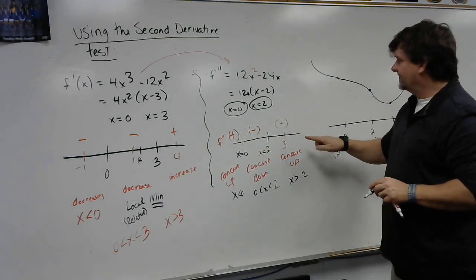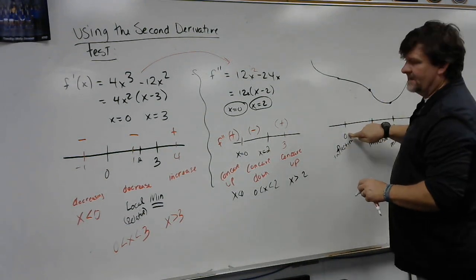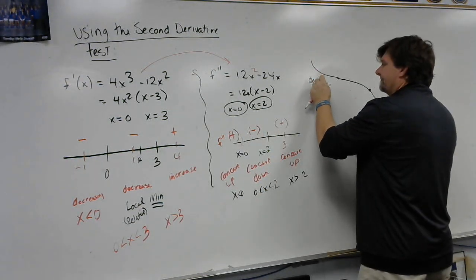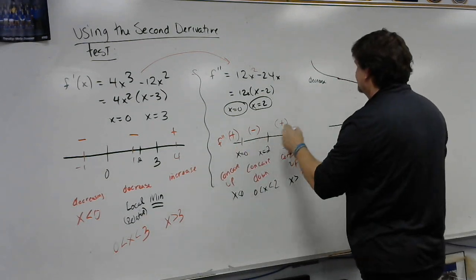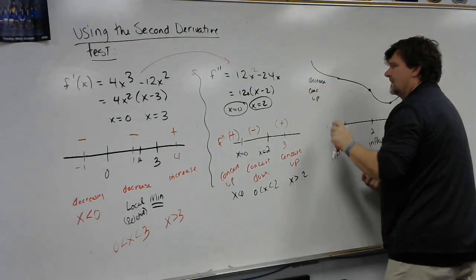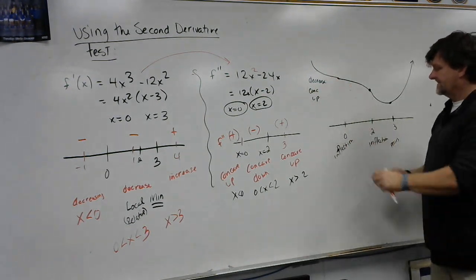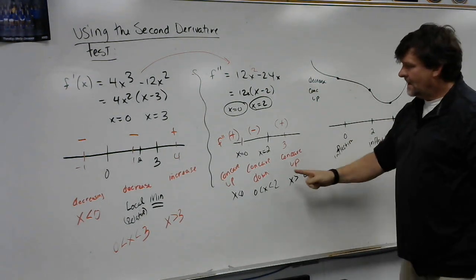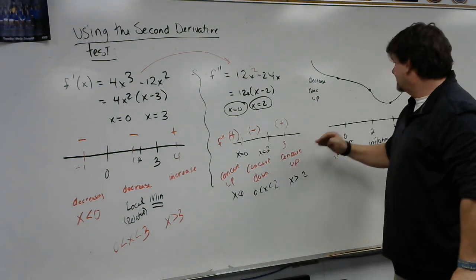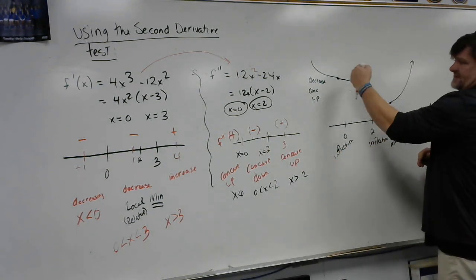So let's kind of walk through it. From anything less than 0, my graph is decreasing and it's concave up. It's got a cup. There it is, decreasing to 0. And then from 0 to 2, it's concave down, so it's going to have a curve down.